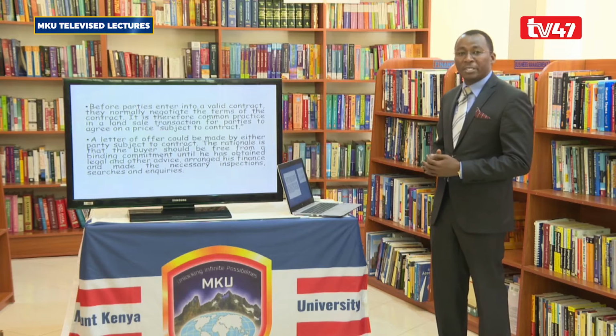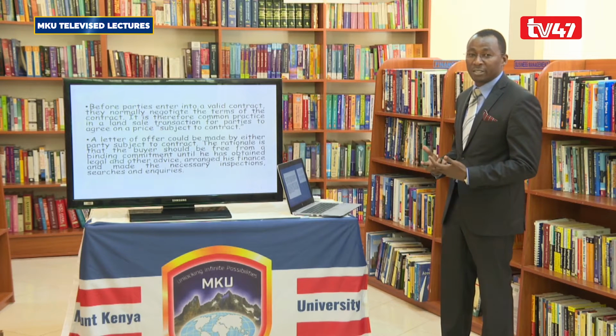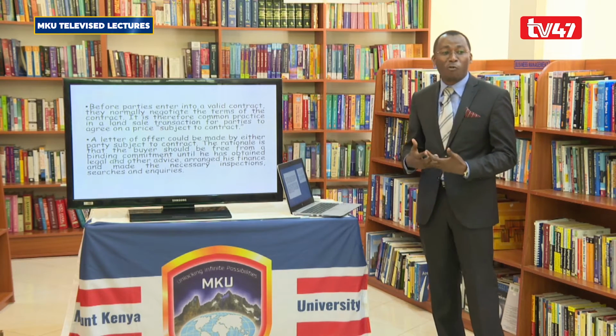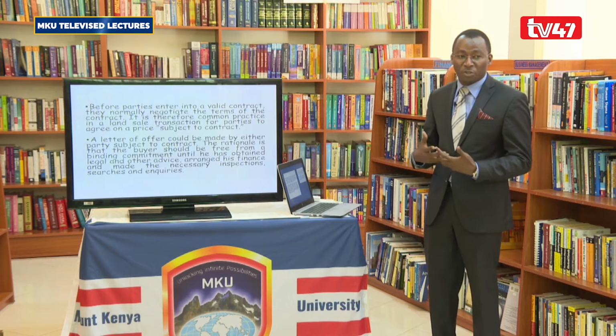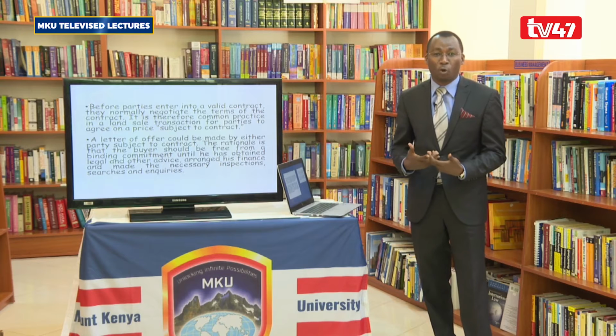And even before the parties get into the written contract, it is also common that a formal offer is exchanged by the parties. Now, this offer, which forms the foundation of the contract, can also be written subject to the contract.